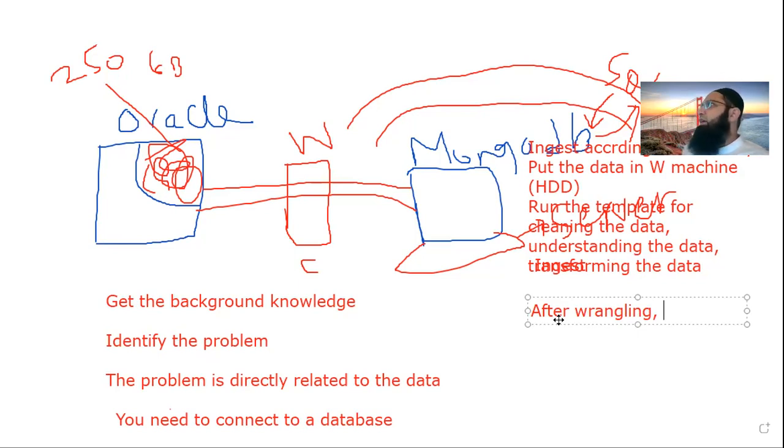Then I take the clean data from within the code, connect to MongoDB and give it in a particular schema, because MongoDB also wants data in a particular format, JSON. So I'm doing all of this in one particular piece of code, in one particular Python file.